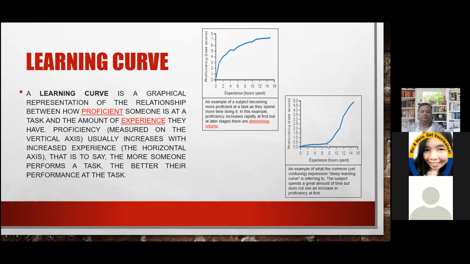The number two diagram is an example of what the common expression steep learning curve is referring to. The subject spends a great amount of time but does not see an increase in proficiency at first.